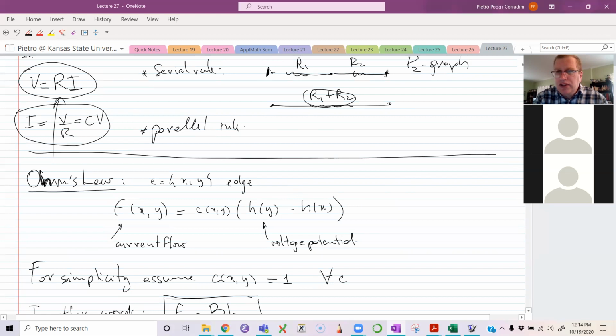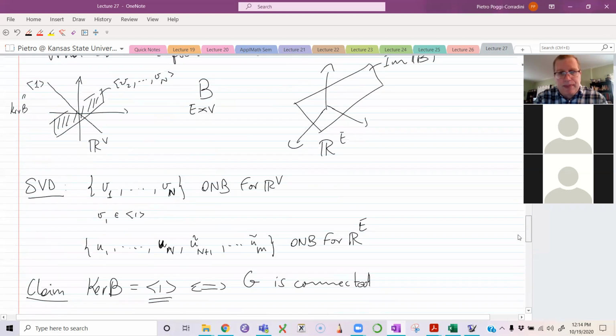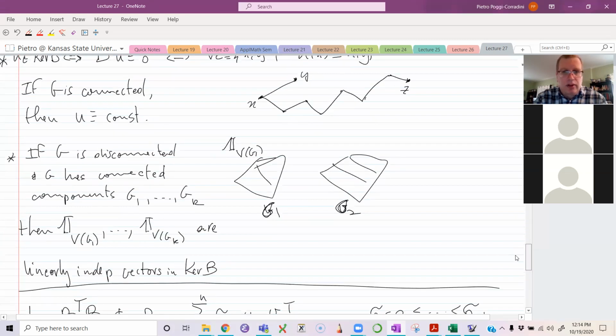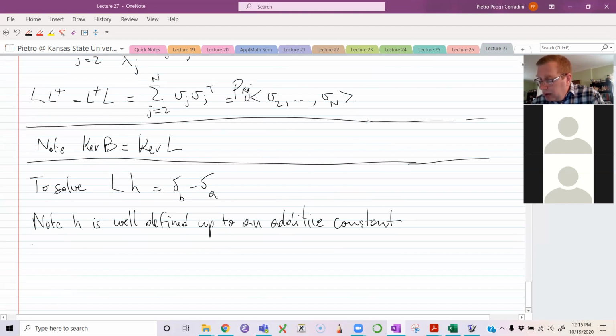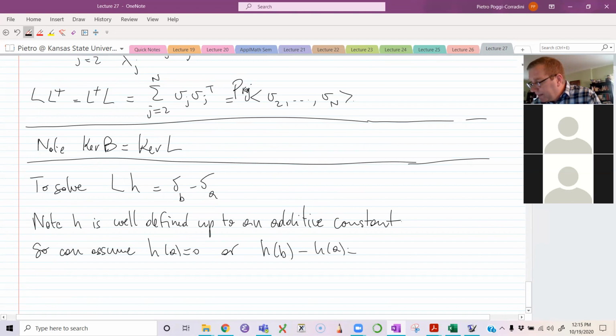In particular, you can always ground the voltage potential the way you want, either by setting it equal to 0 at A. That's a common way of normalizing. So you can assume H of A is 0, or you can assume that H of B minus H of A is 0. That's another way to normalize it.